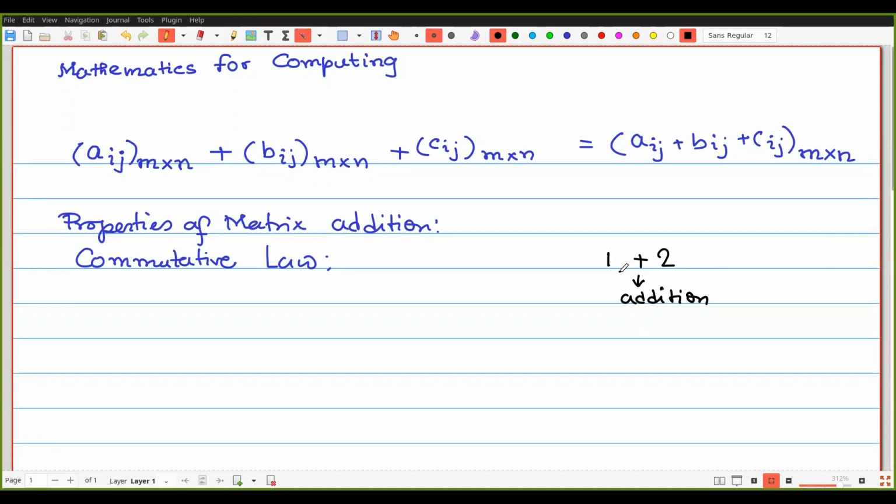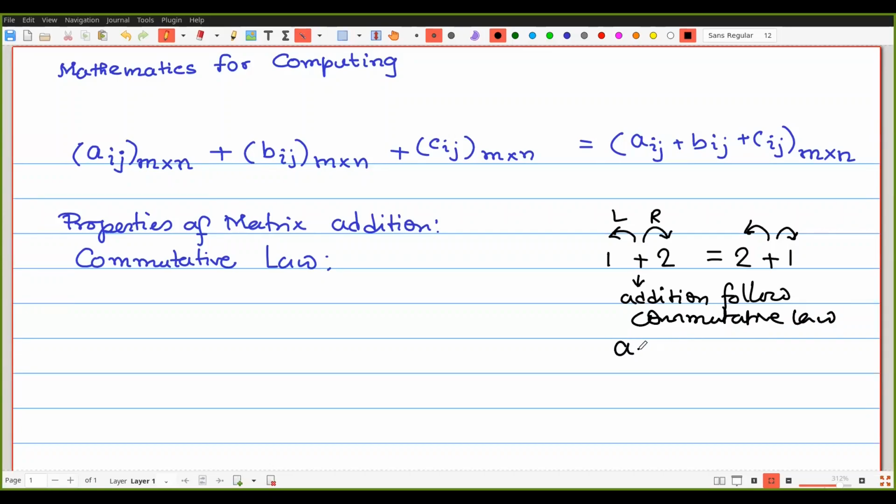Now, when we have 1 plus 2, we get the same result if we write 2 plus 1. That means whatever number is on the left hand side of the plus operation and whatever is on the right hand side, if we interchange both, the result is the same, then we may say addition follows the commutative law.